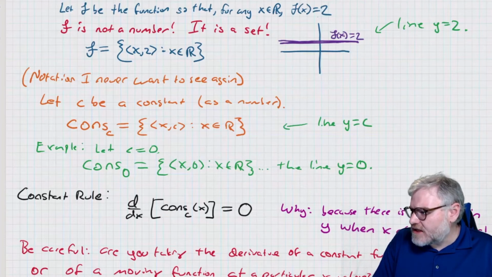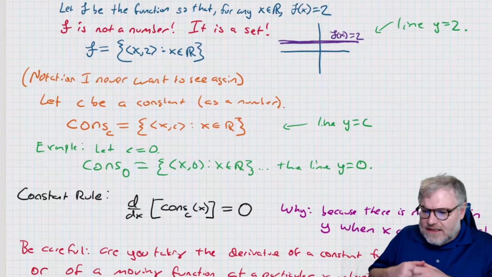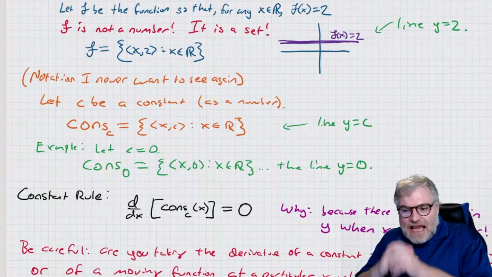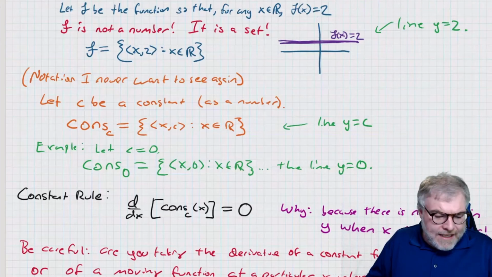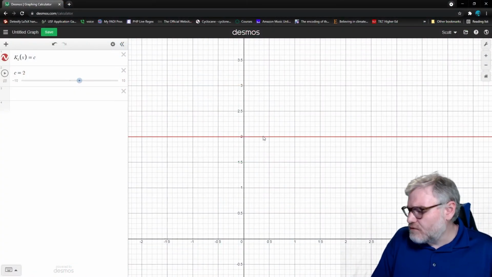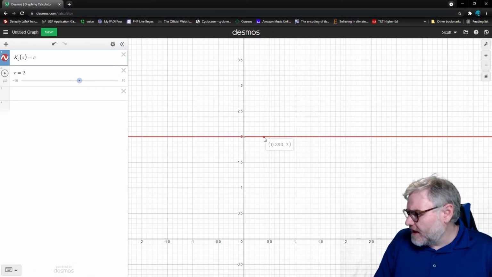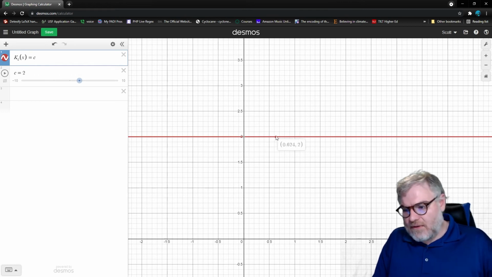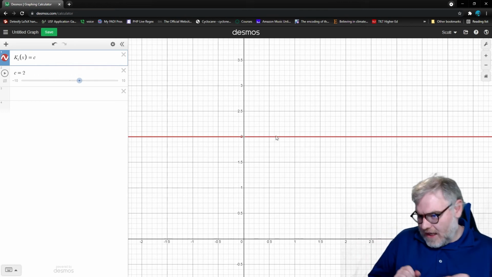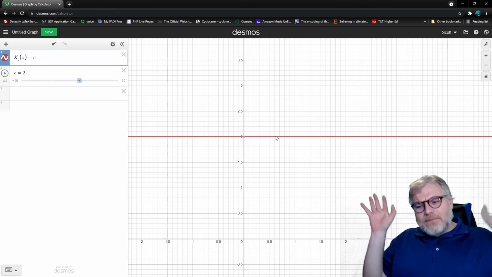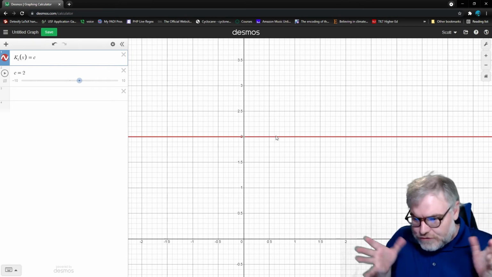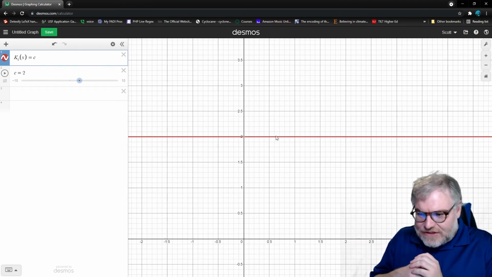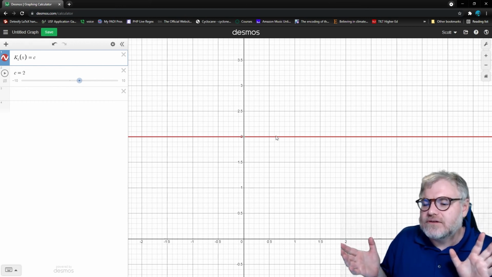So I don't change as I move along in the function. It's not that there's no slope, there is a 0 slope. Here I'm 2, here I'm 2, here I'm 2. I'm always 2. And if I'm always 2, everybody gets a 2. And there's no change from one thing to the next. It's just 0 change.